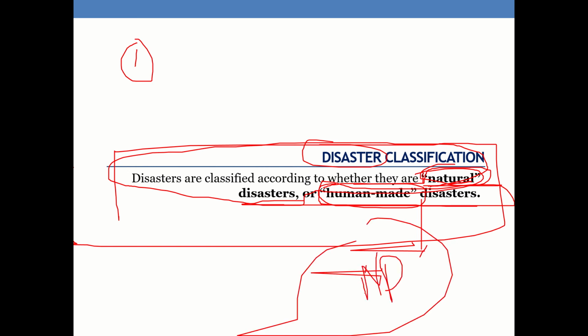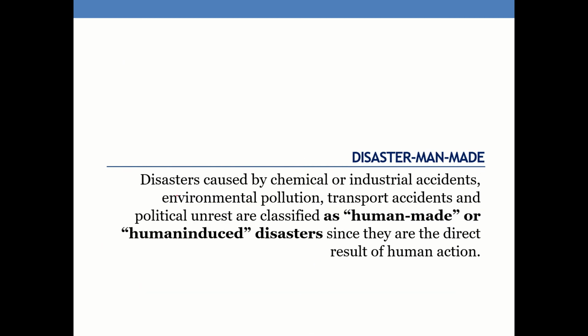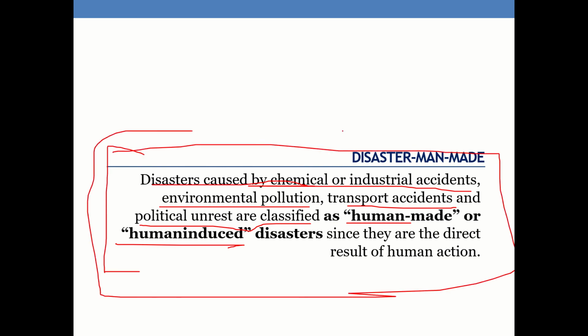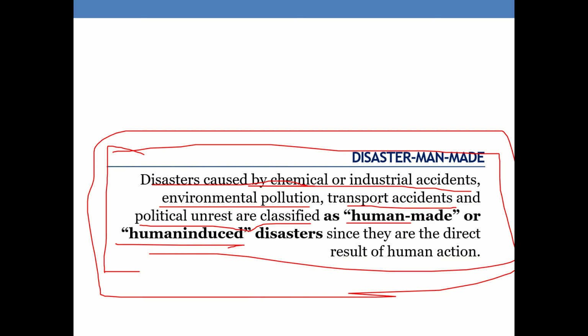We will see further how we classify them. Disasters caused by chemical or industrial accidents, environmental pollution, transport accidents, and political unrest are classified as human-made or human-induced disasters. This is not in the syllabus, so we will not be studying more of this in this particular course.